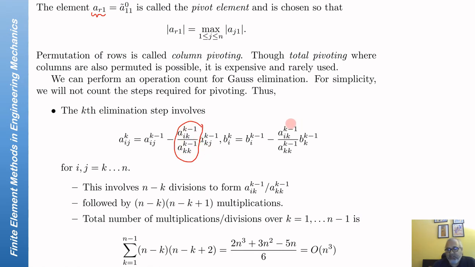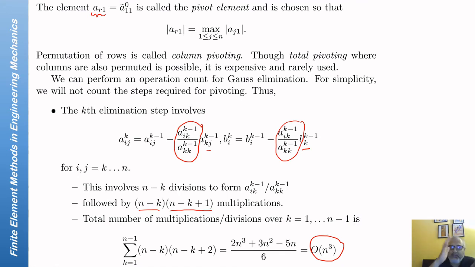So if you count, we will have n minus k into n minus k plus 1 multiplications at every stage, and then if we count over the n number of steps, we can see that the order of operations needed is n cube. So by far the elimination process is the more expensive process.